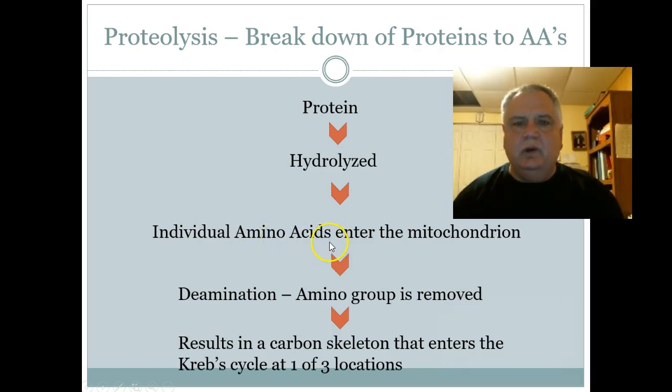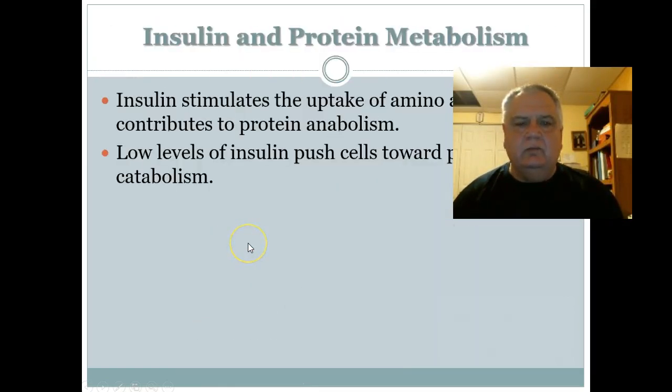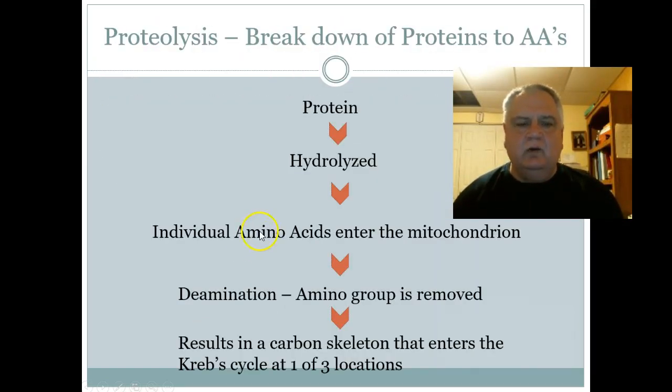Once the individual amino acids form, they will then enter the mitochondrion to be broken down and used to provide for ATP. As they enter the mitochondrion, the amino acids will undergo a process called deamination.